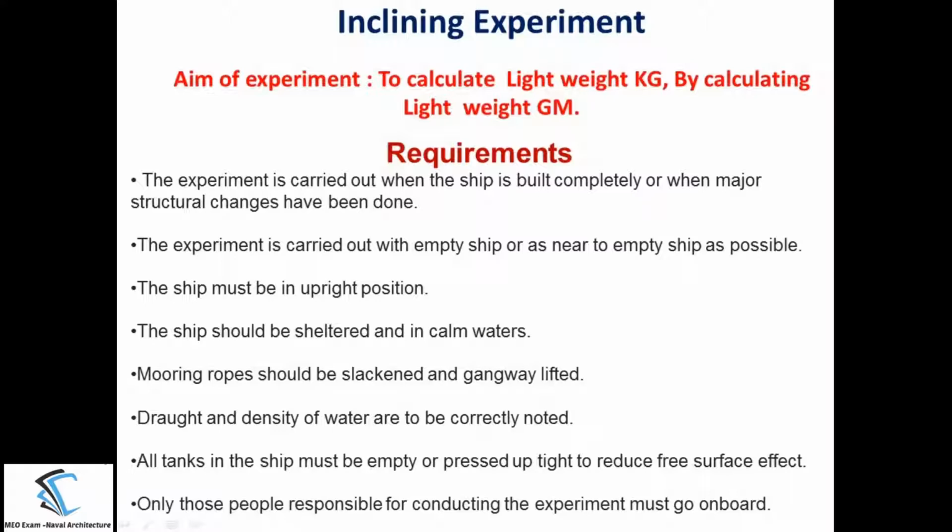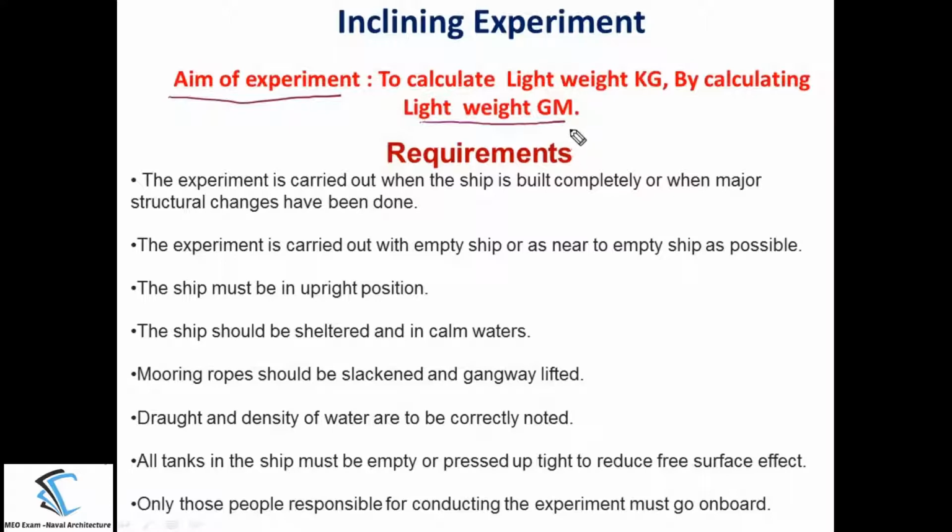The first thing, the aim of the experiments: to calculate the lightweight KG by calculating the lightweight GM. So when you are performing these experiments, with the help of mathematics, you are going to find the lightweight GM. What is the meaning of a lightweight GM? It means that there is no cargo present in the ship.